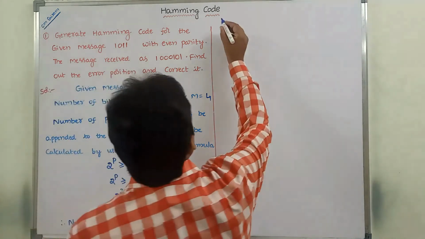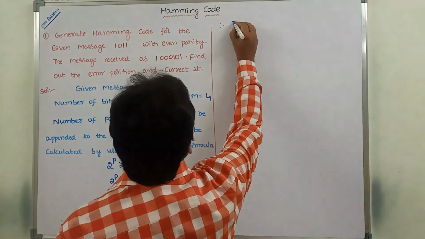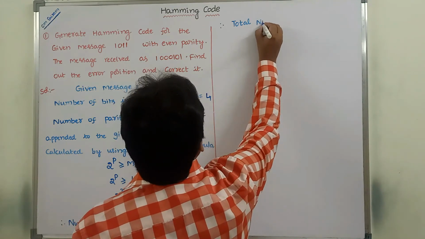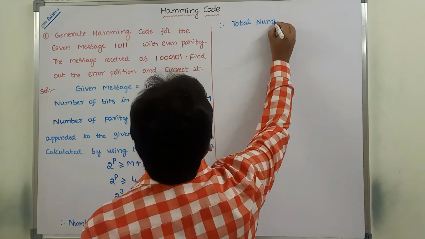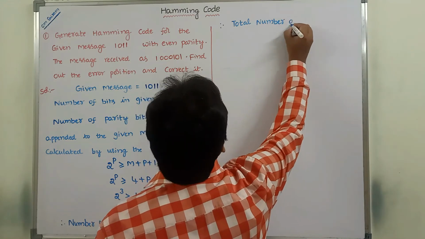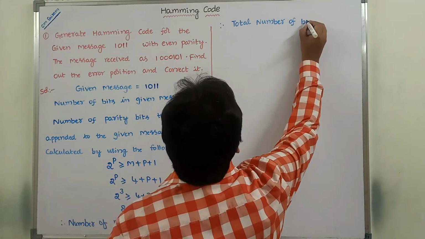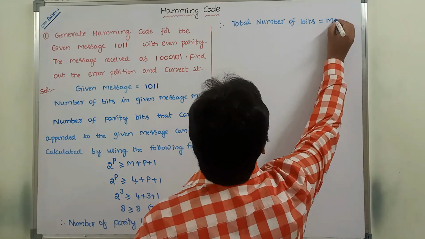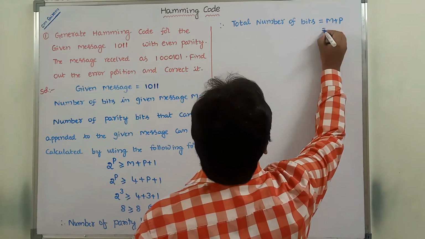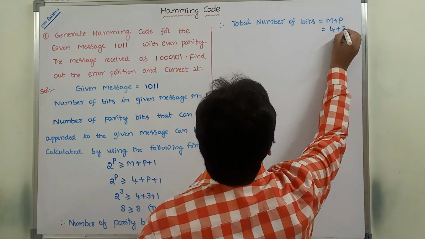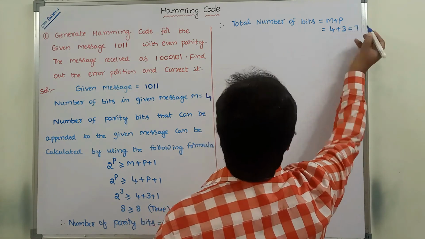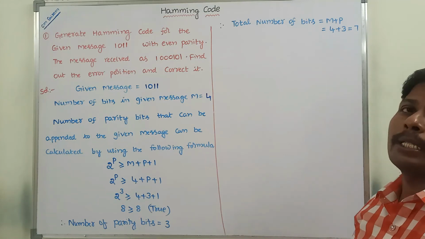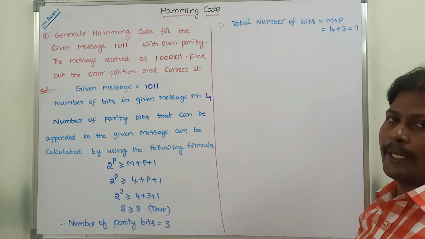So therefore, the total number of bits is equal to m plus p, that is 4 plus 3, which is equal to 7 bits. So 7 bits are present in the message that is received at the receiver.